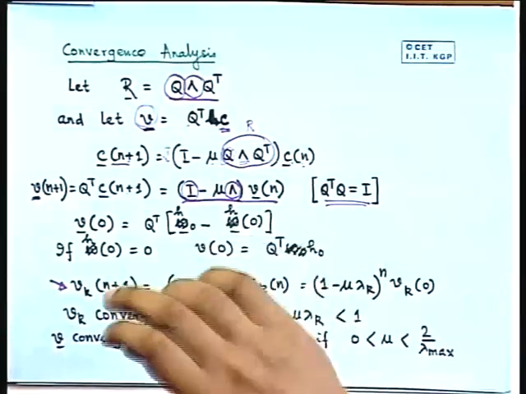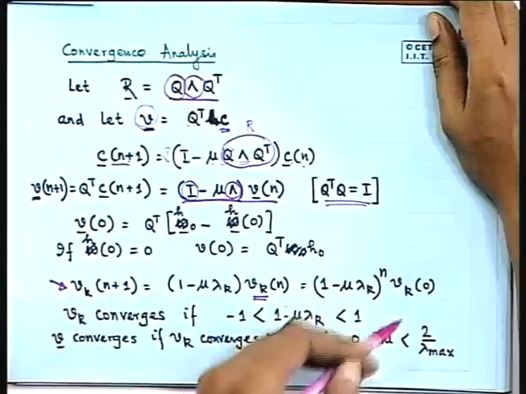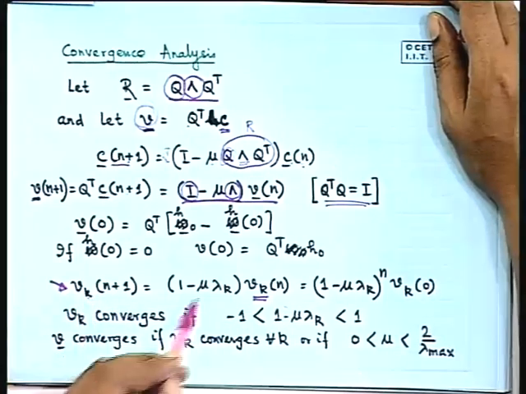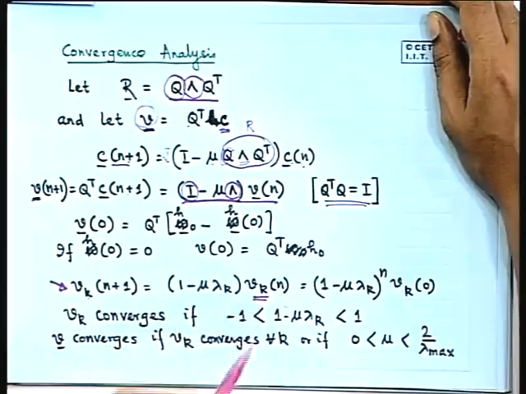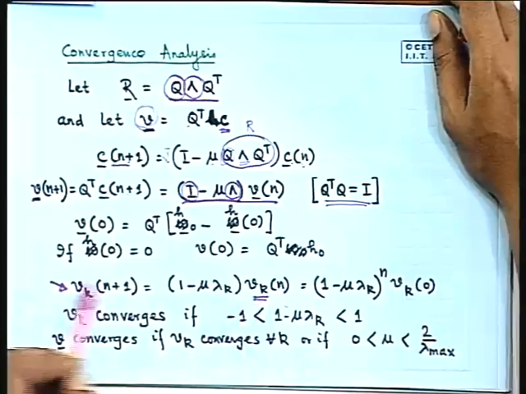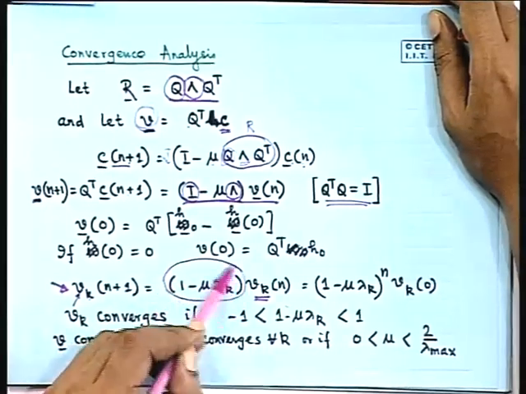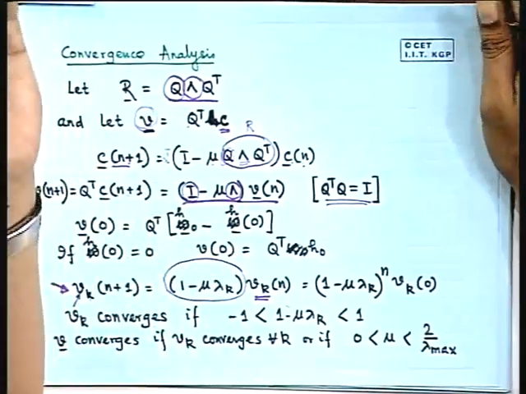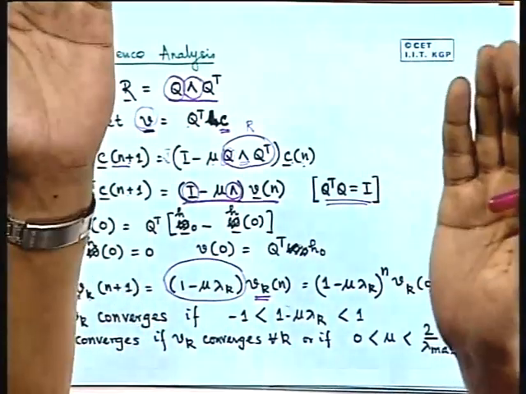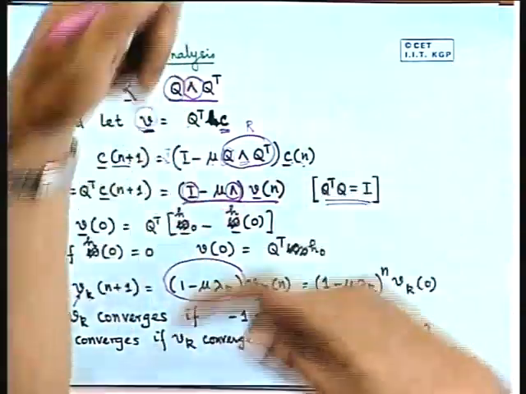So K is now restricted, which means that we can simply say that if Vkn plus 1 is equal to 1 minus mu lambda k times Vkn, then when does Vkn go to 0? When the magnitude of this factor is less than 1. Then every time you multiply by something less than 1, it will finally go to 0.